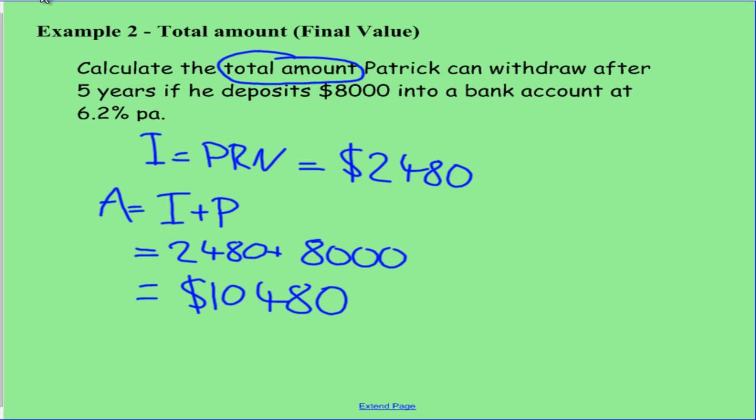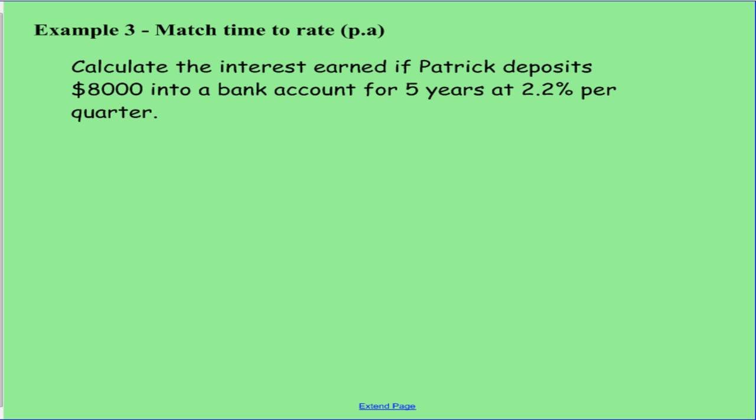You get to keep that plus any interest that you made. So Patrick gets to keep the $8,000 that he's deposited in there. He left it for 5 years, so it earned another $2,480. And then when it comes time to, at the end of those 5 years, withdraw the money, he gets the full $10,480.